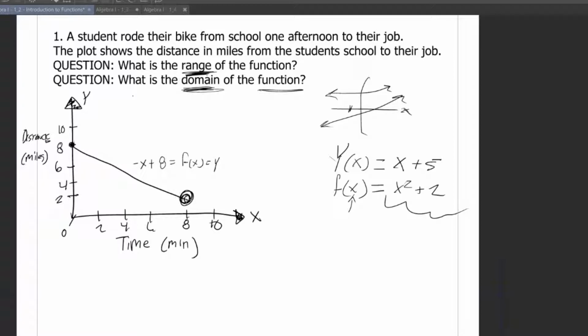So it's everything up to this point. This dot means that this value here is included. So at the end of these lines, you can either see a circle here, or you can see a filled in circle here. This one means that the value that this describes is included, and this one means that it's not included.